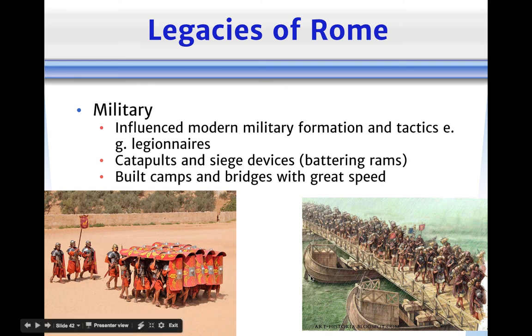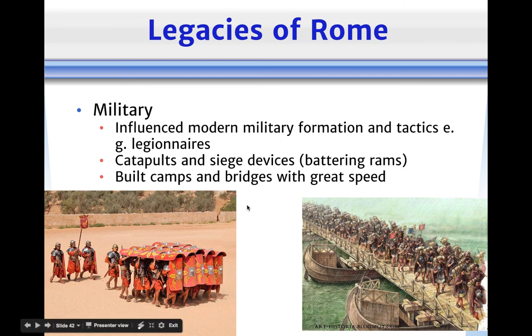And so we see here a very efficiently organized legion, right, which could be very small, like the one that we see here in the image, or legions could actually be much larger if they were performing a large siege on a city, for example.